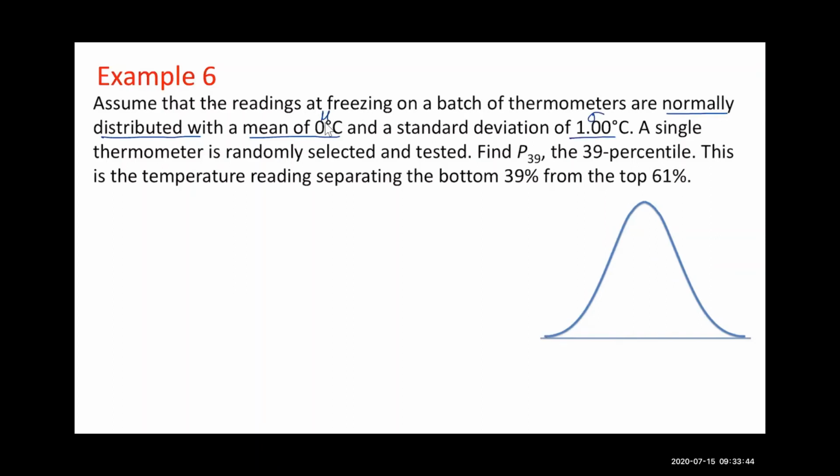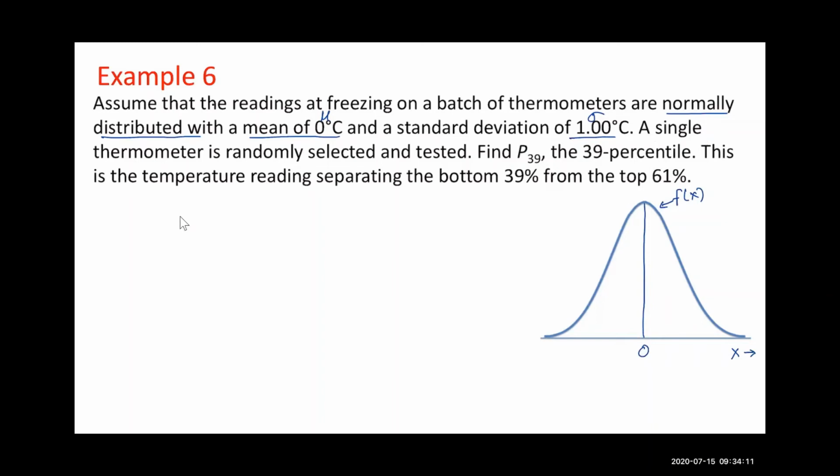Mean 0 and standard deviation 1 means this is a standard normal distribution. You have your X or temperature along the x-axis. This is our normal distribution, f of x. The mean is here in the middle, the reading on the thermometer, which is 0 degrees Celsius, and the standard deviation is 1.